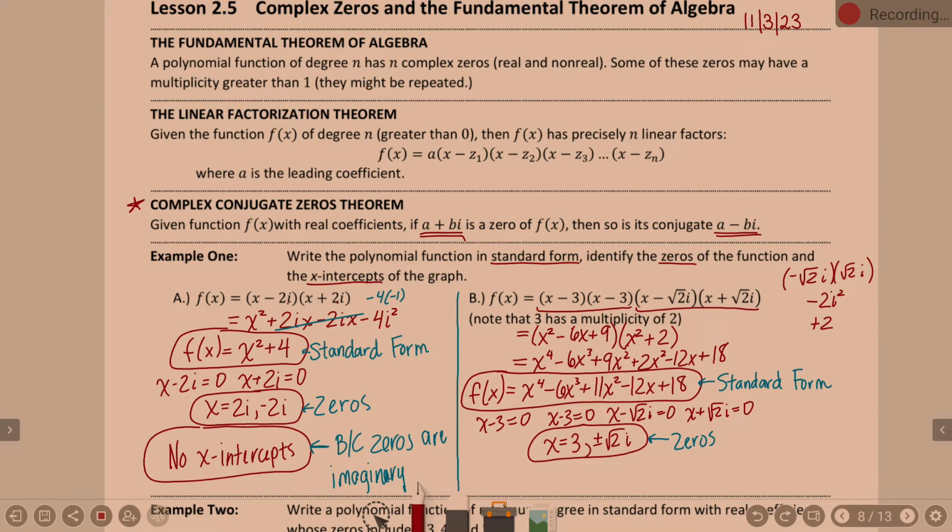But that still counts as an x-intercept. Okay, so we're going to have an x-intercept at 3. Anything else? No, the others are imaginary, right? So your only x-intercept is going to be x equals 3. Okay, because we're only looking for real zeros in that case.